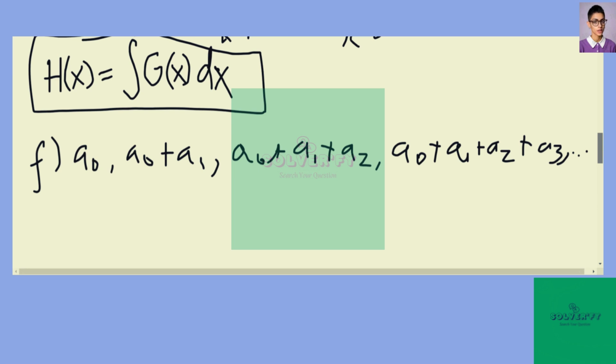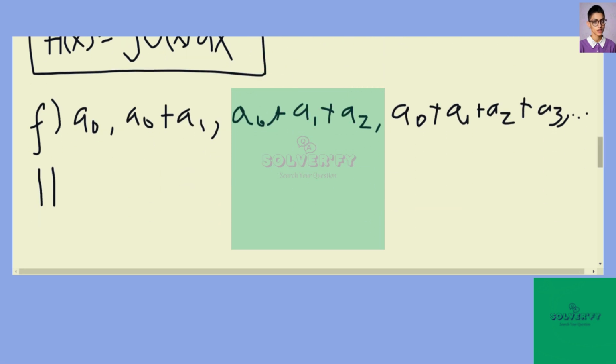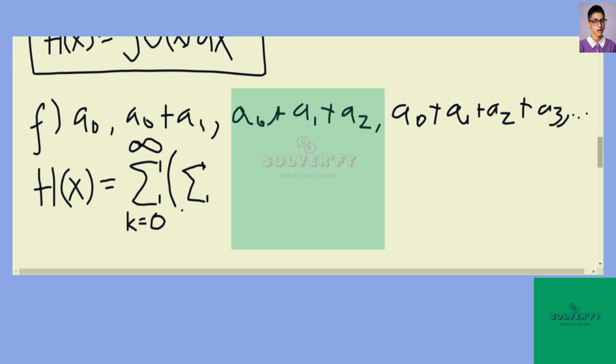If h of x is the generating function for this sequence, then we have that h of x is going to be equal to the sum from k equals 0 to infinity of the sum from m equals 0 to k of a sub m times x to the k.